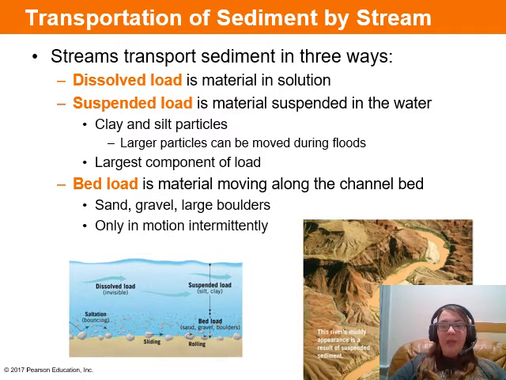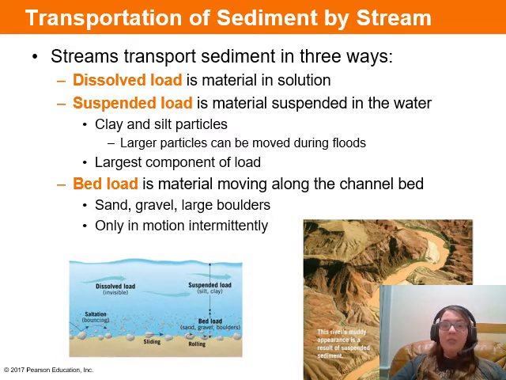And then finally, we have the bed load, the sediment that's along the bed or the river channel itself. So these are generally larger sediments, things that are the size of sand, gravel, or even boulders. Now we're talking about larger pieces of sediment. When they're larger, that also means that they're heavier.